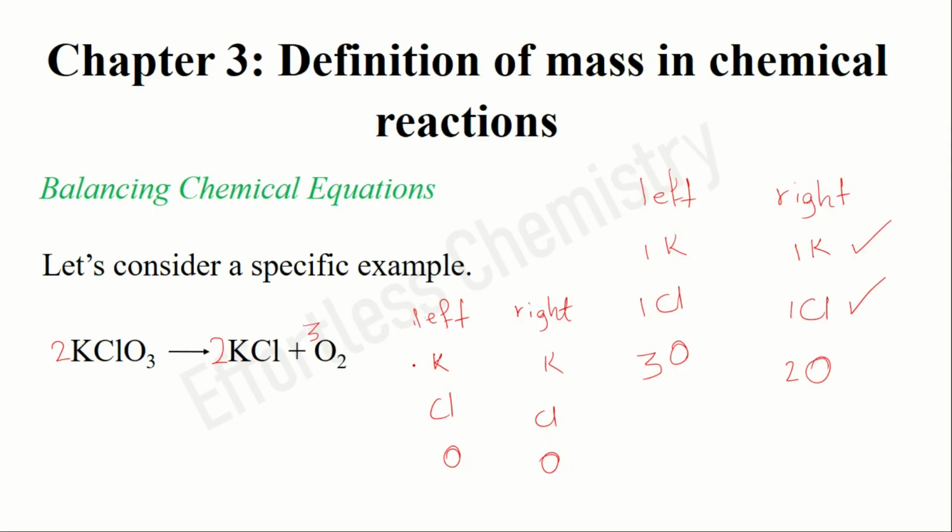Consider potassium: left 2 and right 2, chlorine 2, again 2. For oxygen I have 6 and 6. For both sides, everything is balanced. So this equation is balanced.